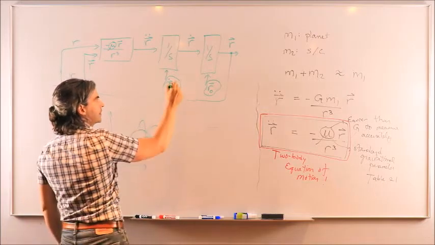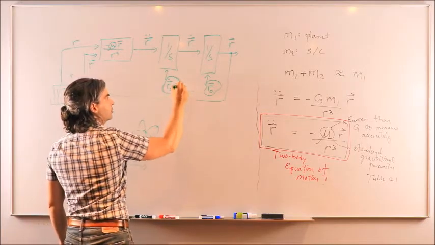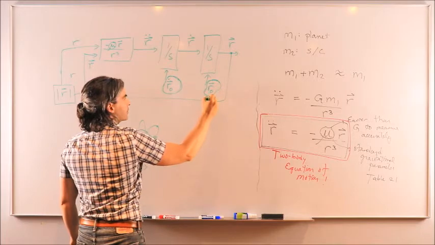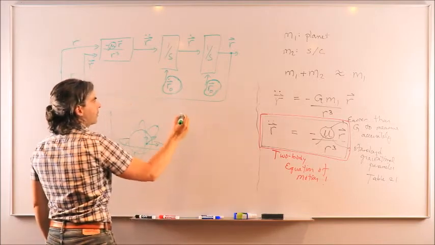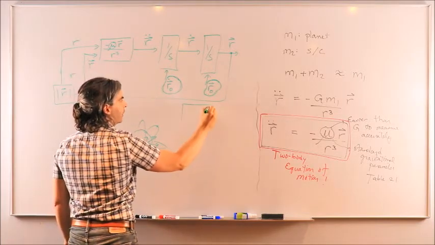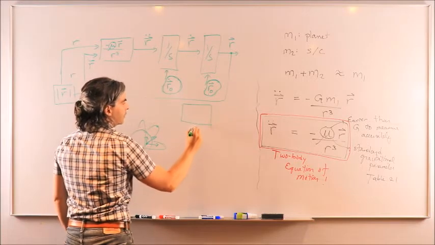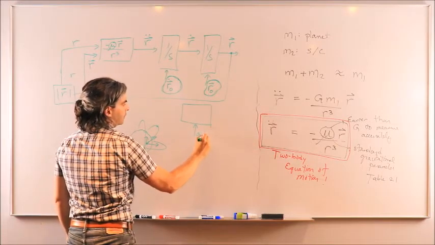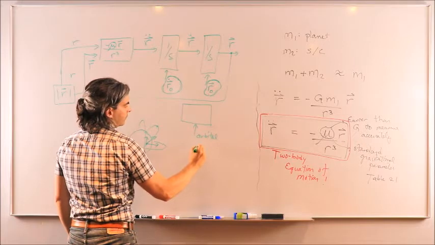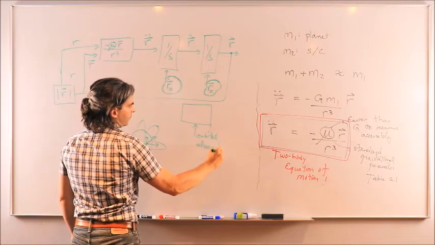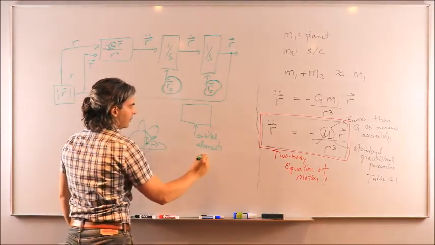Turns out, instead of selecting those two vectors in 3D space at t equals 0, we're going to select or specify a set of orbital elements. There are 6 of those.